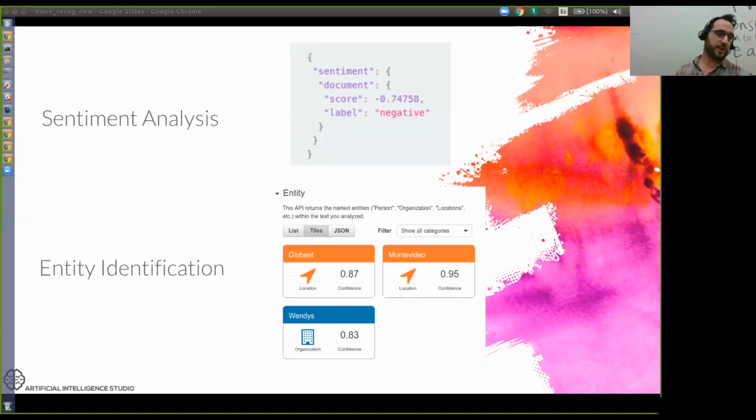Also, you can track entities. You can summarize the text to know if a company was named, or a place, or something that you want to customize to identify.